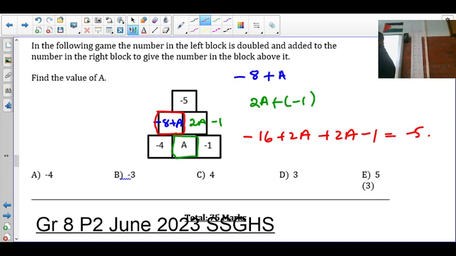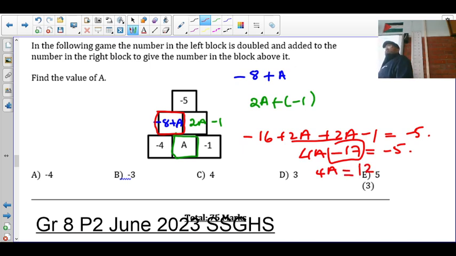So now it gives me 4a minus 17 is equal to negative 5. If I take the 17 over the equal sign, it becomes a plus, which gives you 12. Which now gives you 4 times the number is 12, and what is the number? 3. Which makes the answer.